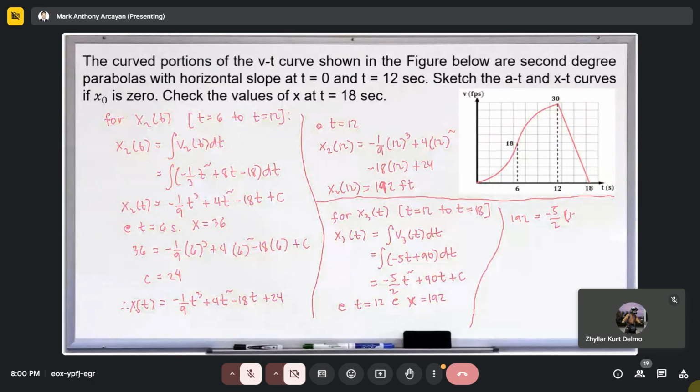With t equal to 12, we have 12 squared plus 90 times 12 plus the constant. Use your calculator again.